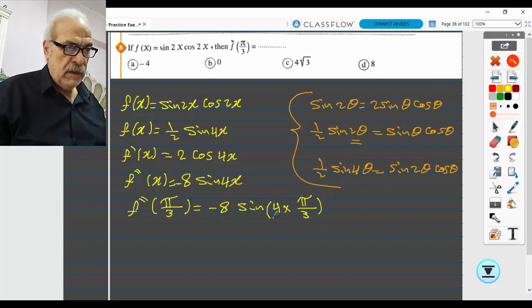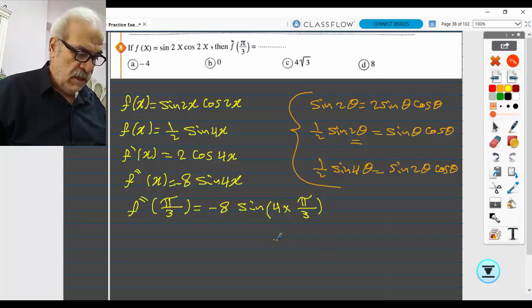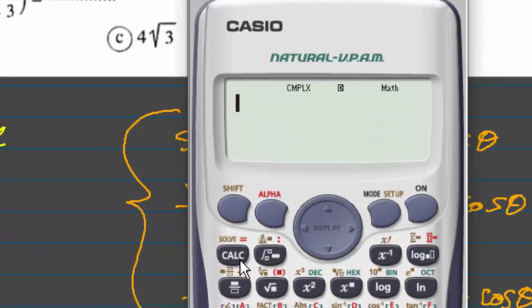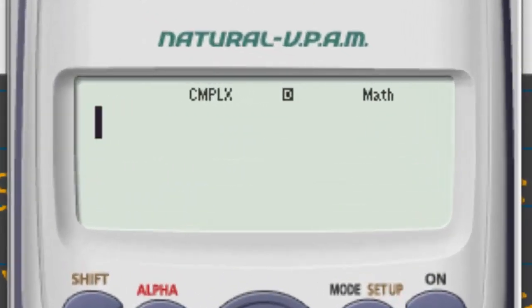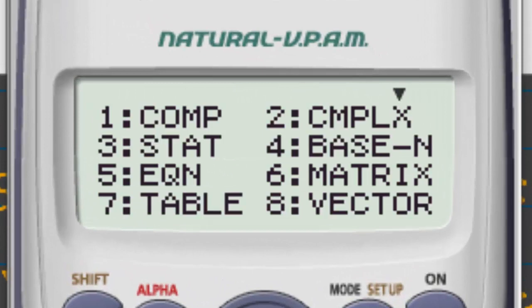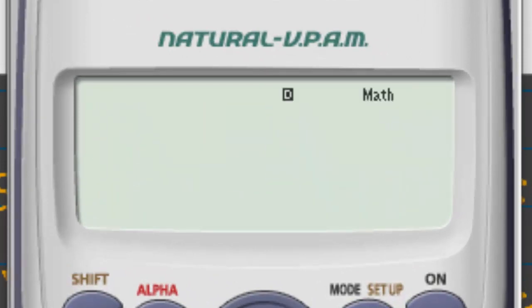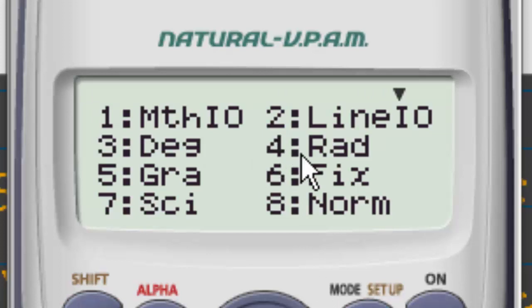And you can calculate it using the calculator, but don't forget to put it first in radian mode: shift mode, then radian at number 4.